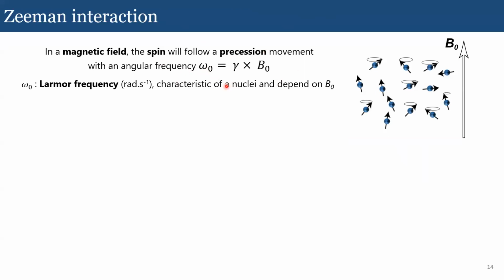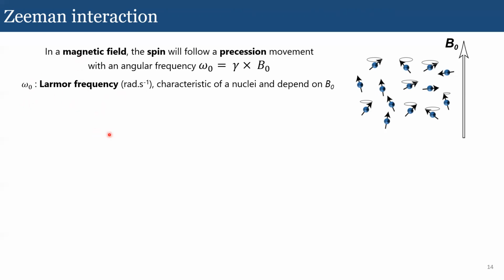And you see that omega 0, the frequency that describes the angular frequency of the precession movement, is directly related to the gyromagnetic ratio and the strength of the magnetic field. I will also mention that this angular frequency is also called the Larmor frequency, and you might have heard of that already if you've done some NMR. I'm going to go back to that concept a bit later, but remember that one, it's an important one.